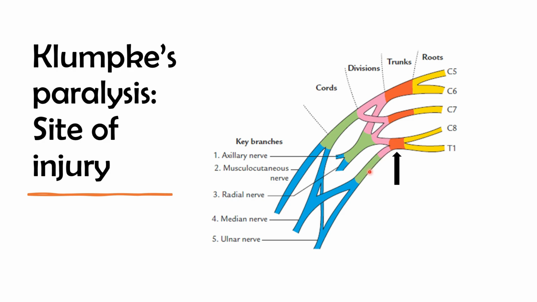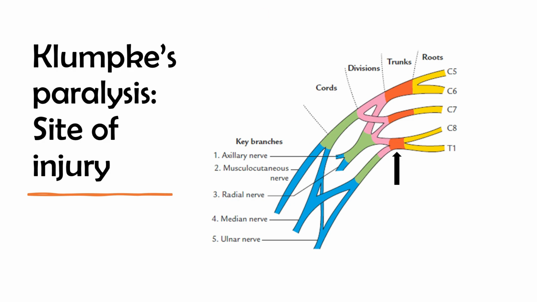The anterior division here continues as the medial cord and the important nerves supplying the forearm which come from this medial cord are, one is the median nerve which supplies all the flexors and the ulnar nerve which supplies all the intrinsic muscles of the hand, and we have the medial cutaneous nerve of forearm which supplies the skin over the medial aspect of the forearm.